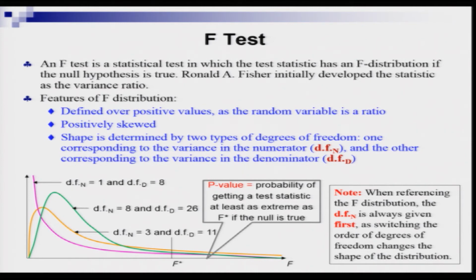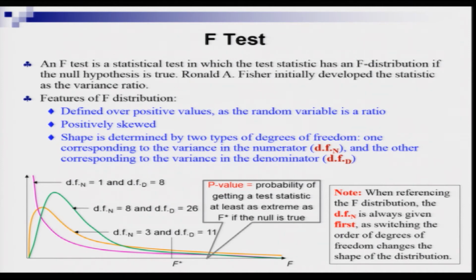At the bottom part of the slide I am going to show you a simple diagram where I am showing you various cases of the F PDF. Here you see the pink one, which looks almost like a rectangular hyperbola, is the F PDF for dfn equal to 1 and dfd equal to 8.